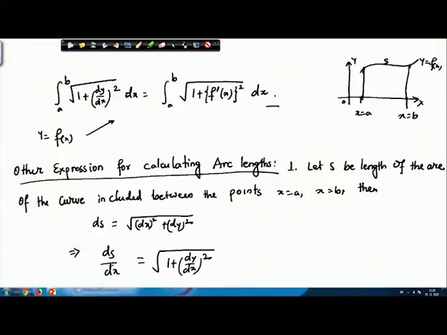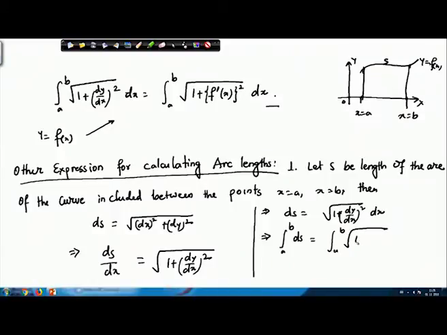From here we can also write ds equals the square root of 1 plus dy by dx whole square times dx, and now if we integrate from point A to B, the integral of ds equals the integral from A to B of the square root of 1 plus dy by dx whole square dx.